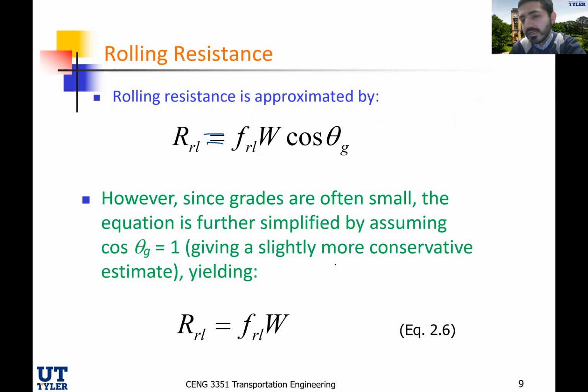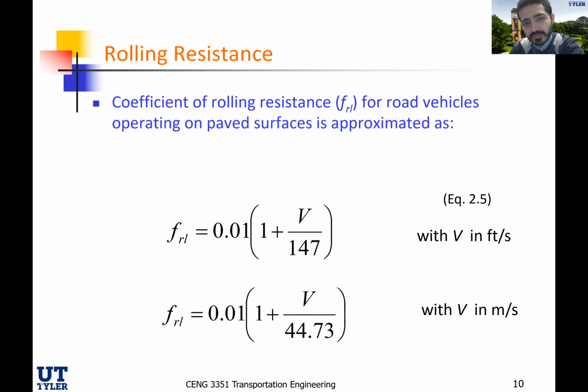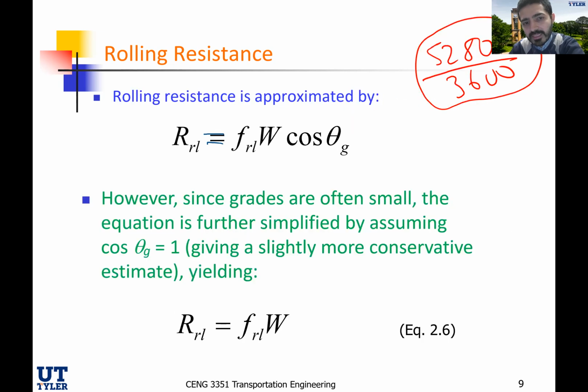The major conversion was in chapter 3, which you don't have to remember, but you can do it: 5280 over 3600 to convert from miles per hour to feet per second. Besides that, I'm trying to remember if there is any other conversion, but that's about it.